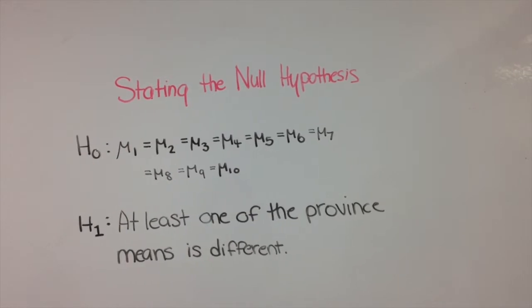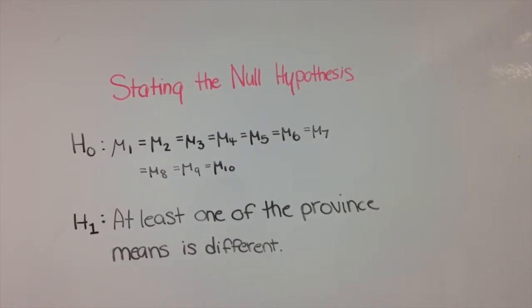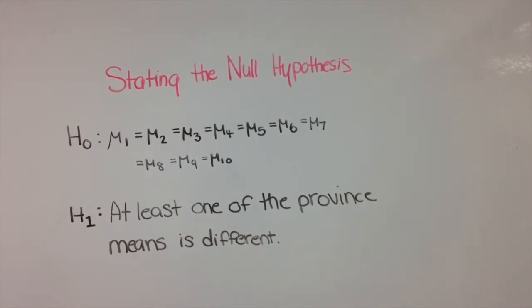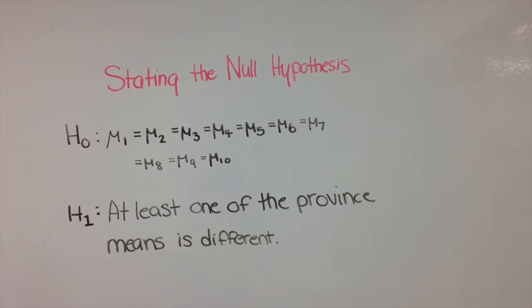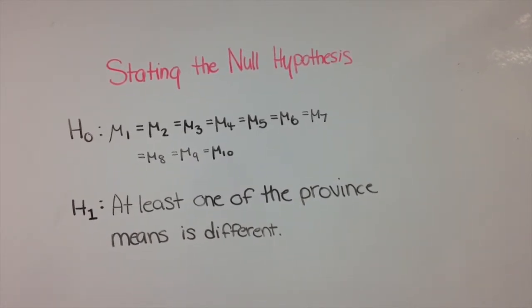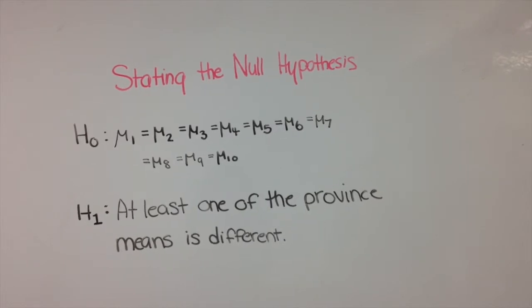Remember, we are not asking if there are any differences between the samples, but rather if the differences in income between provinces are large enough to reject the null hypothesis and justify the conclusion that the differences exist and are significant. Thus, our research hypothesis states that at least one of the population categories and their means will be different. We hypothesize that one's location in terms of province will produce a difference in income.